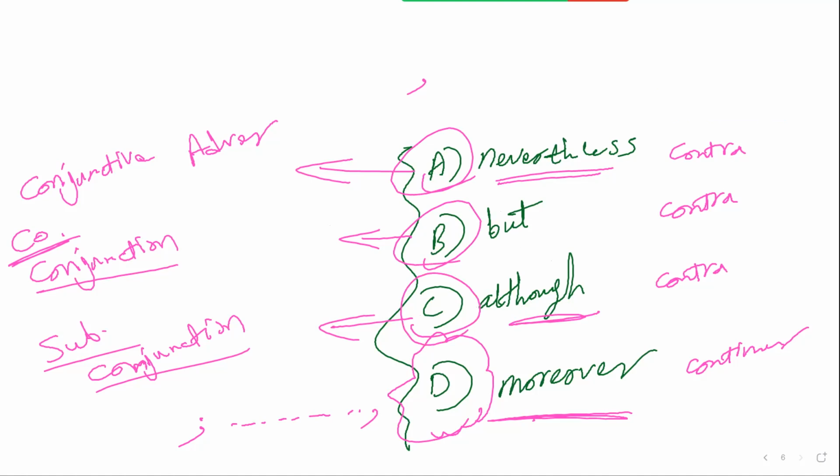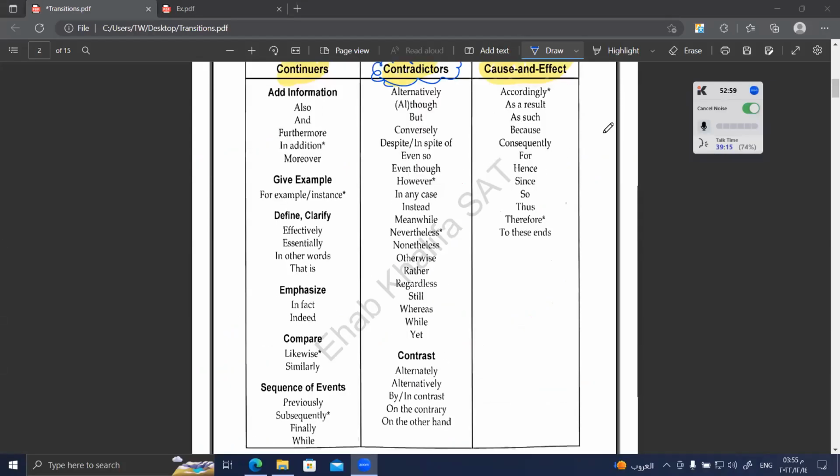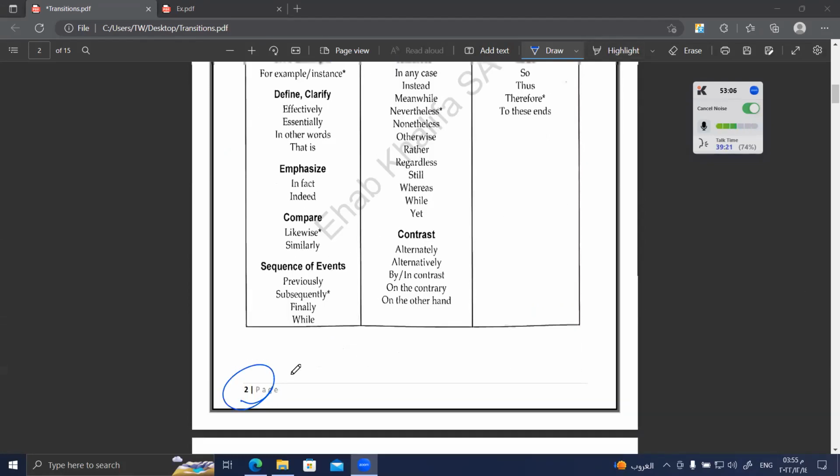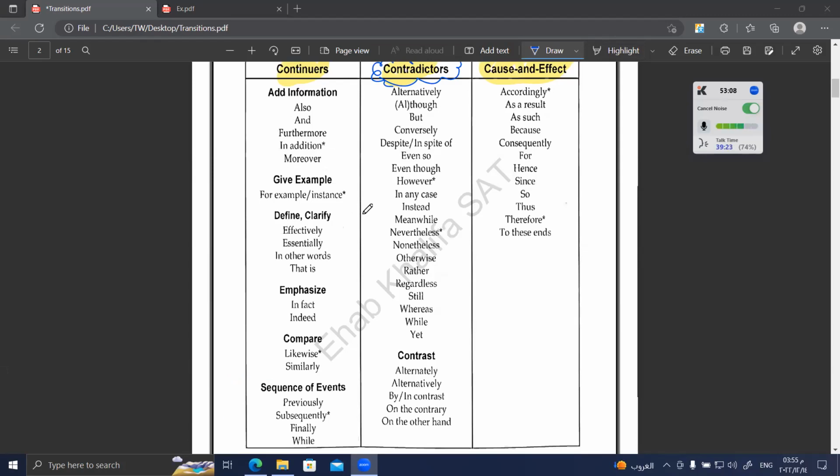Well, all of you pay attention, guys. I will give you 5 minutes to study this page well, page 2. So when I ask you, for example, meanwhile, you say it is a contradictor.